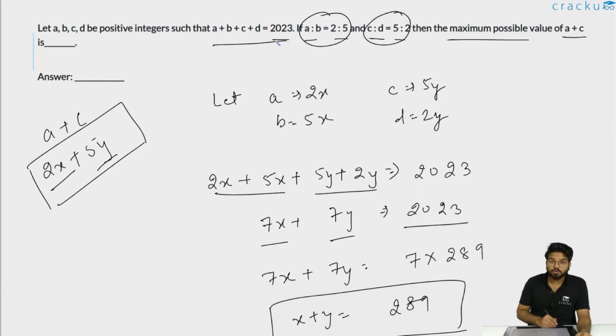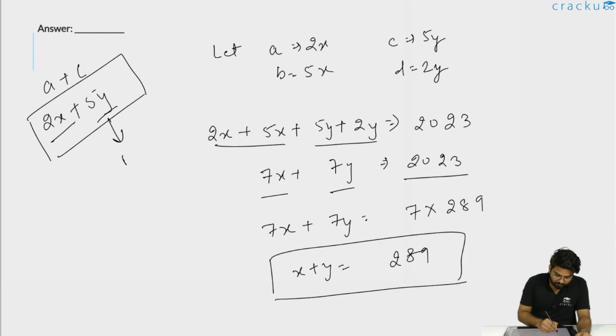Here, out of these two, 5y will give me a higher value if I put the maximum value for y, because y is being multiplied with 5, which is a higher coefficient. It means it will give me more value when multiplied with 5. So I want the maximum value of y and minimum for x. That's when I will get the maximum value for this.